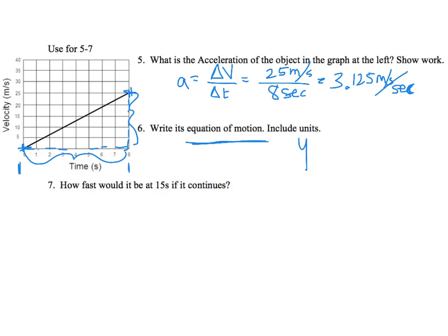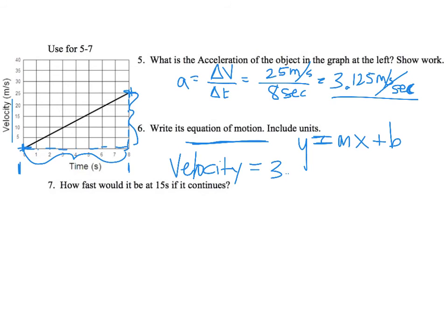Now again, we're talking about y equals mx plus b. What's the y part? The y variable, velocity. Velocity equals m. What's the m part? Slope. We just found it.